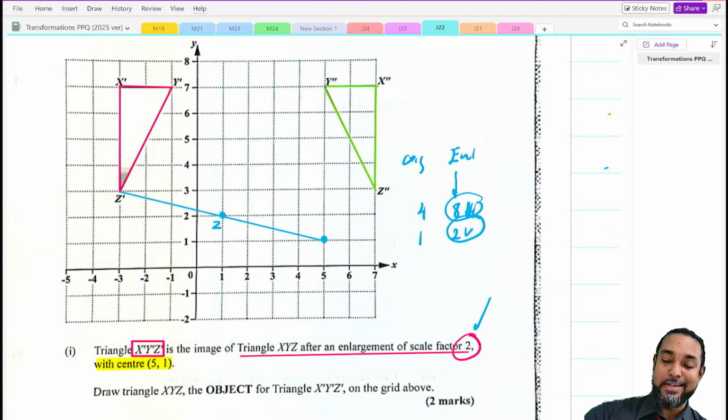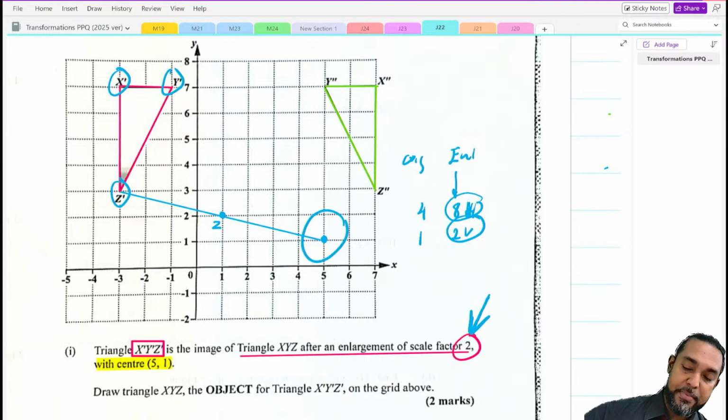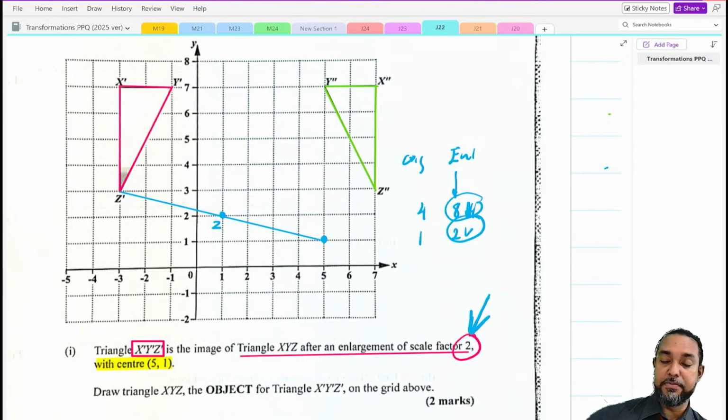But one of the principles of an enlargement is that, because the scale factor is 2, each of these vertices is double the distance from the center relative to the original point. So if you reverse or invert that statement, the original point is half the distance from the center to the currently enlarged point, right?